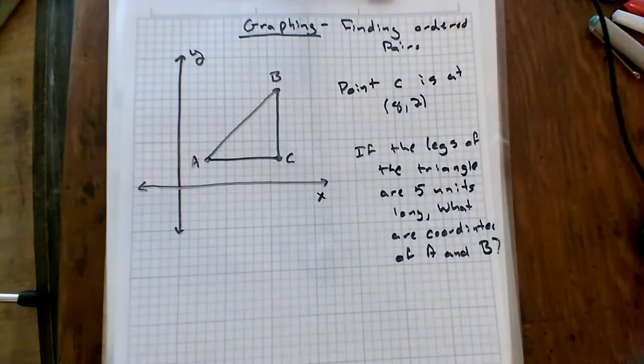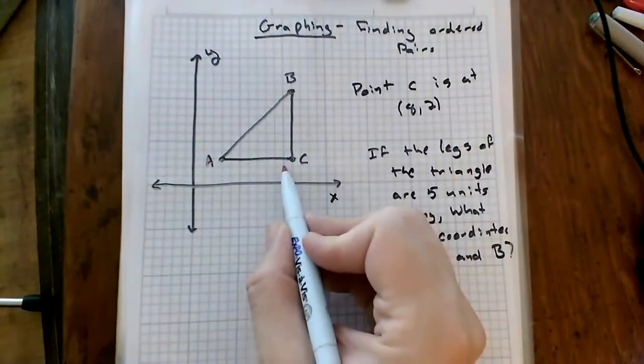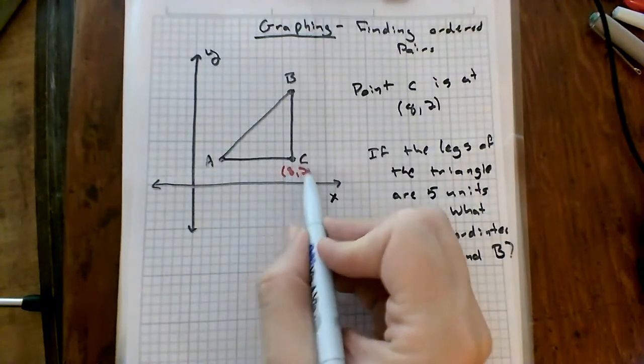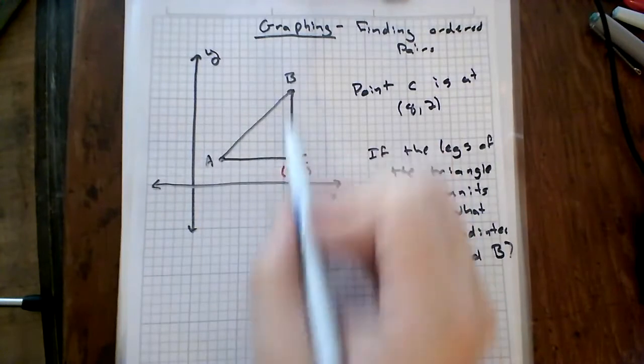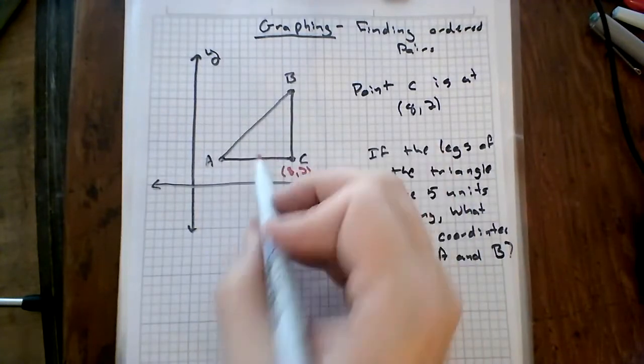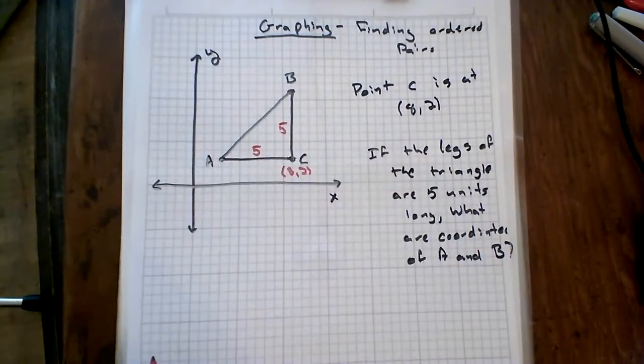And with that, what we're doing is we're literally just saying, okay, I know that this point right here is 8, 2. But I'm saying the legs of the triangle are just going to be these two sides. So I'm saying this is 5 long, and I'm also saying that this is 5 long.